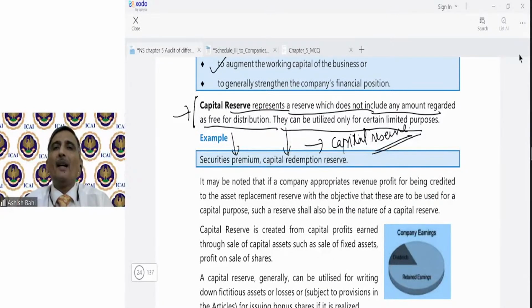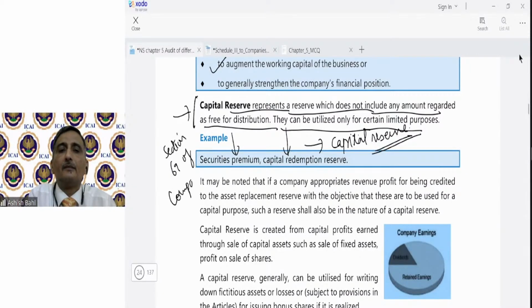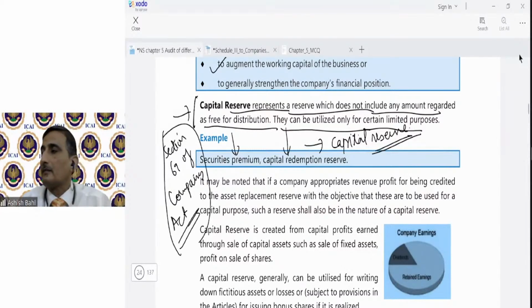What is capital redemption reserve? Students, you remember section 69 of Companies Act 2013?